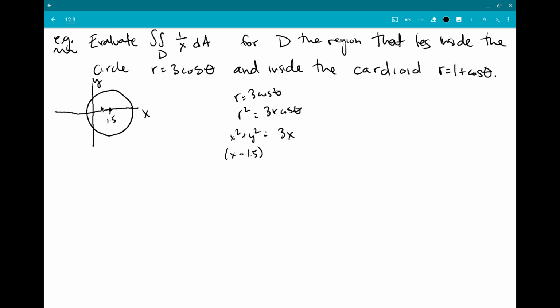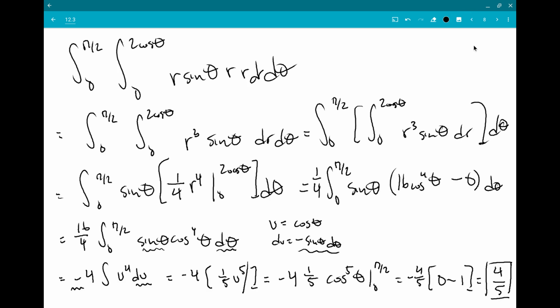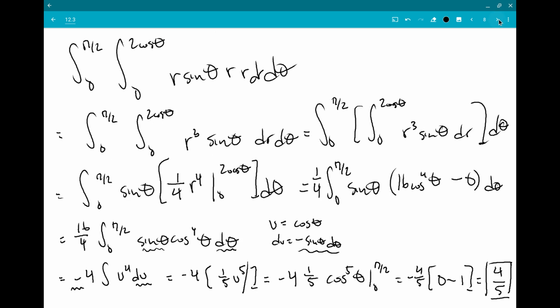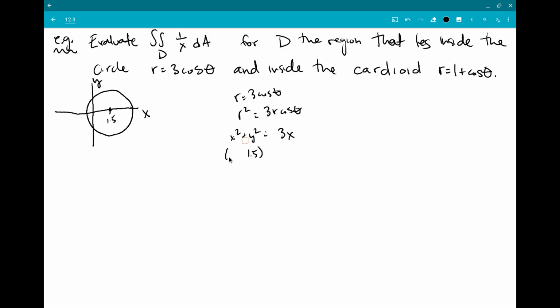To find out where that circle was, I just used backwards the same trick we've used a bunch of times so far, where we know that y squared plus x squared, and an off-center circle becomes r equals 2 cosine theta or r equals 2 sine theta, depending on where the center was.